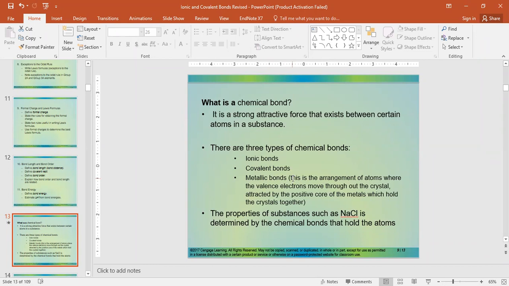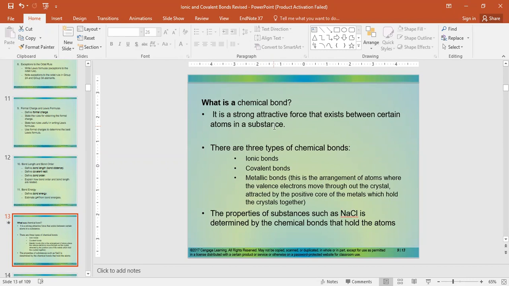Here we are saying that a metallic bond is simply an arrangement of atoms where the valence electrons are circulating through the crystal, attracted by a sea of the positive charges of the metals. Remember that when we have negative charges, which are the electrons, and positive charges, which are the nucleus, we have what we call electrostatic attraction.